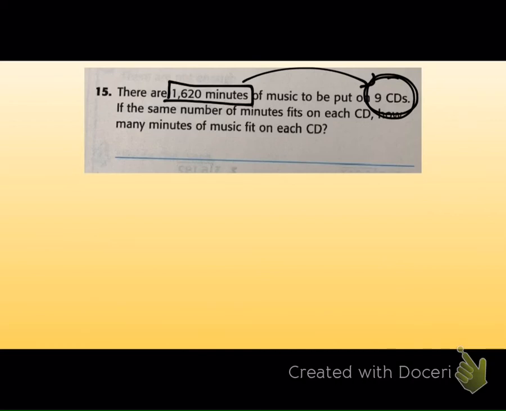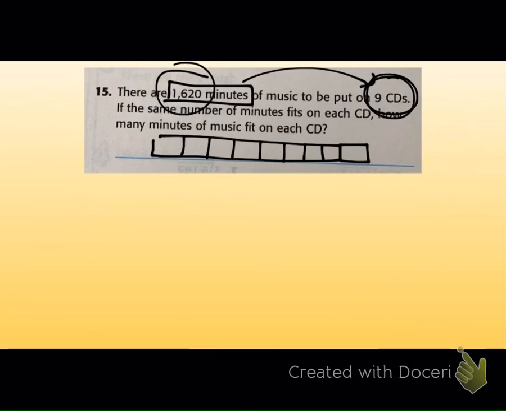If you think of it as far as a tape diagram goes again, it would be split into 9 CDs: 3, 4, 5, 6, 7, 8, let's add one more on, 9 CDs for a total of 1,620 minutes. That's the number of minutes that are going to be put onto these 9 CDs.